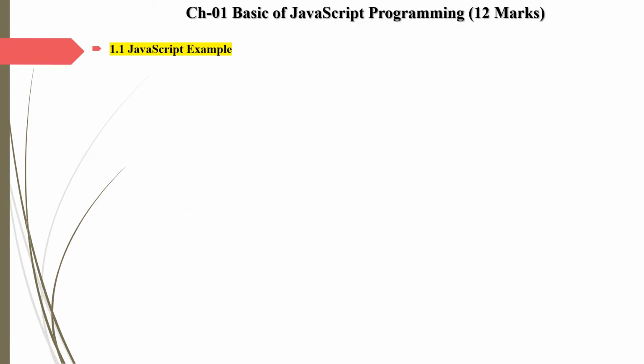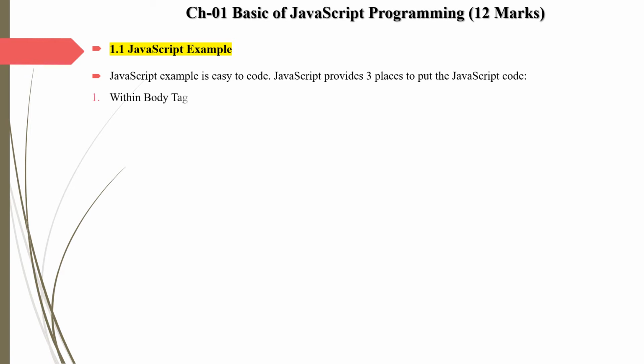Next we see examples of JavaScript. A JavaScript example is easy to code. JavaScript provides three places to put the JavaScript code. First is within the body tag, second one is within the head tag, and last one is an external JavaScript file. So we can create a simple example in three ways.